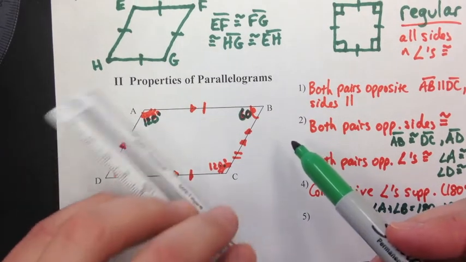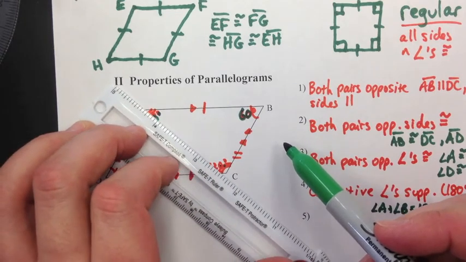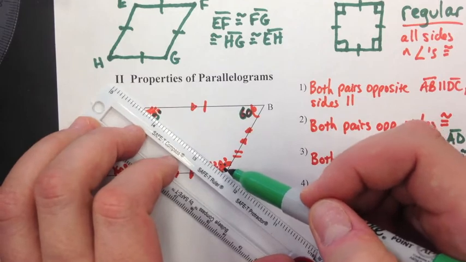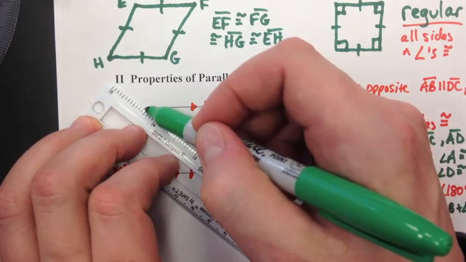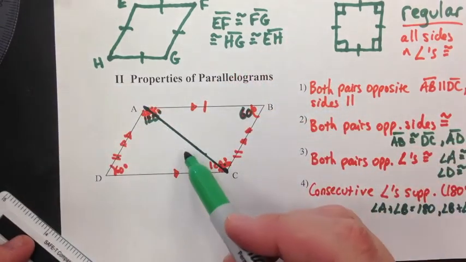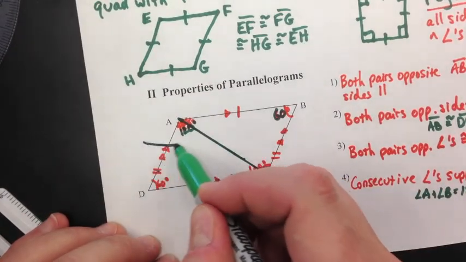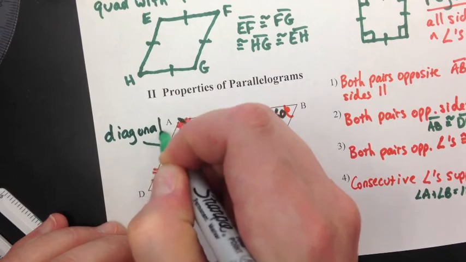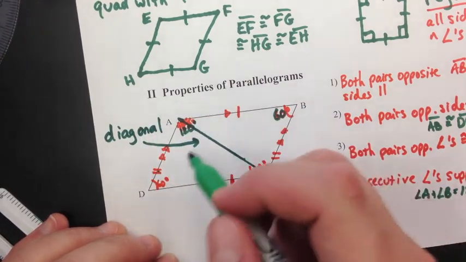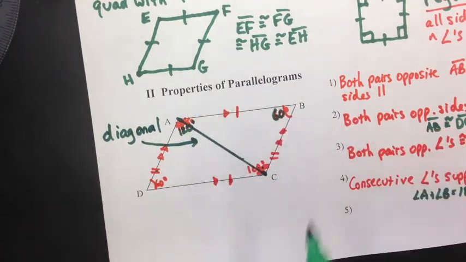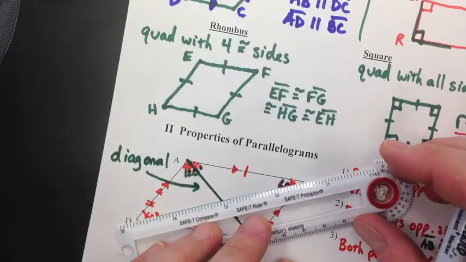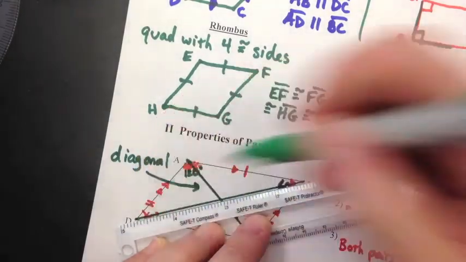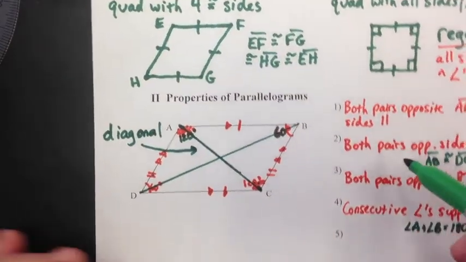So for example, if I connect A to C, let me line that up here. That's a diagonal, AC. D-I-A-G-O-N-A-L, diagonal, that's AC. And then I could also connect D to B, and that's the other diagonal.